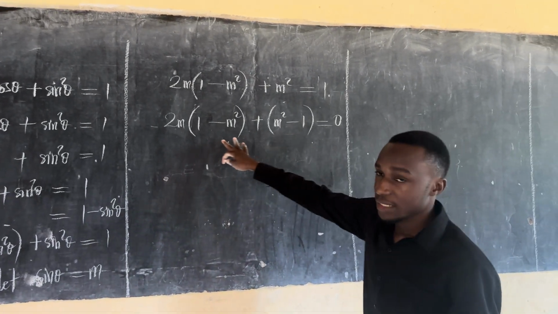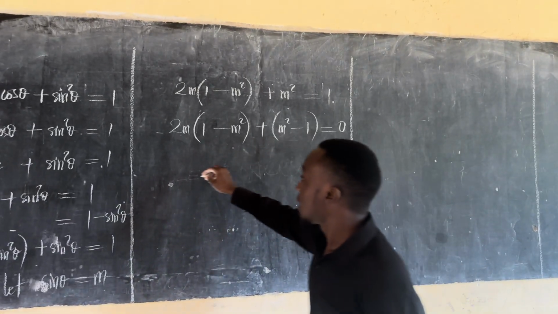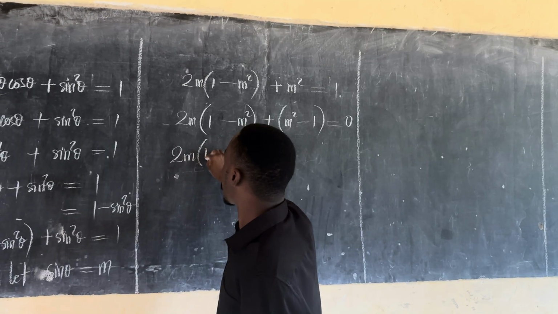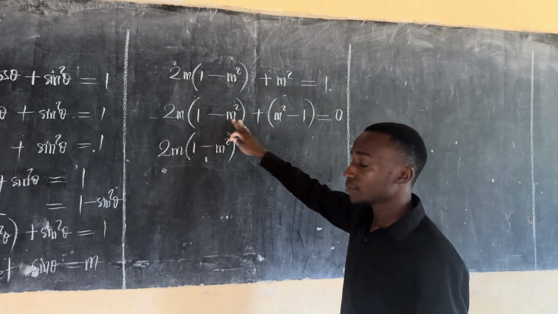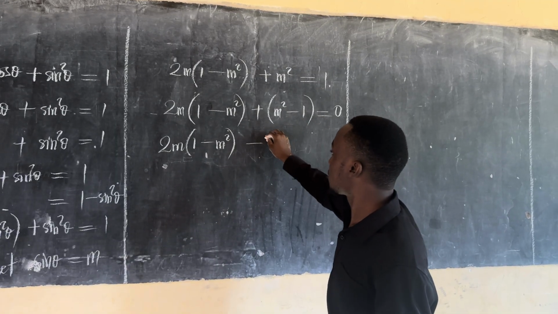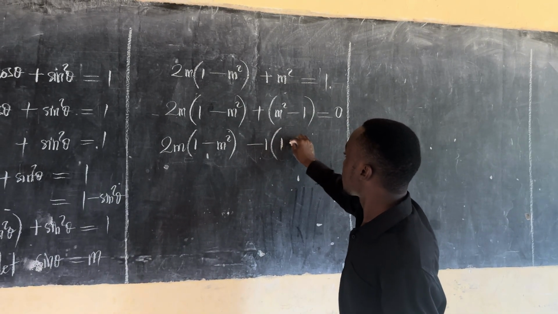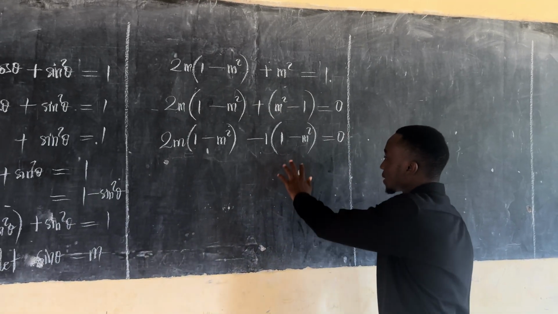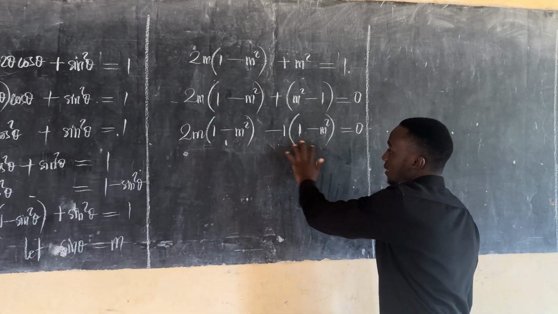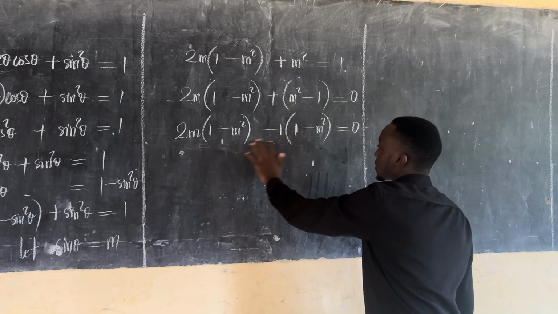And now when we look at these brackets, 1 minus 1 squared, we can make this bracket similar to this one by putting out a negative 1. So it becomes 1 minus m squared equal to 0. And finally, these two brackets are seen to be similar.